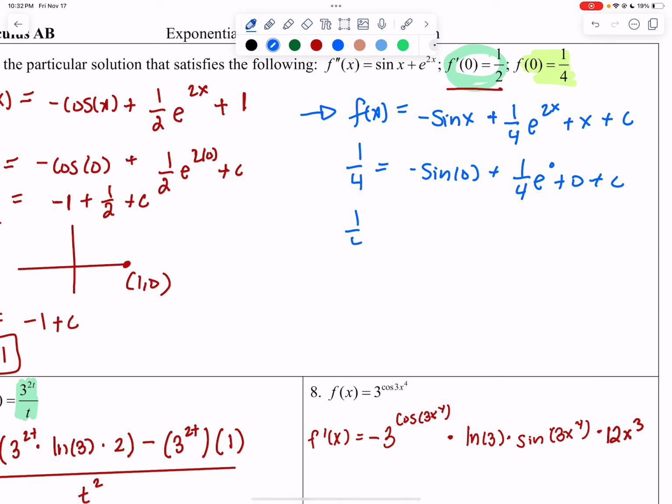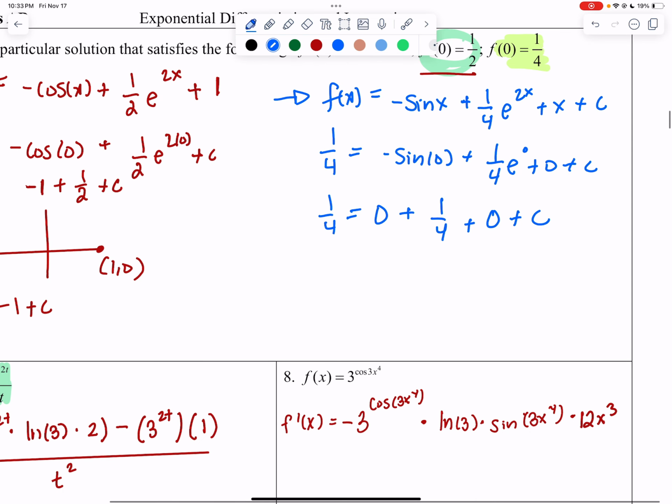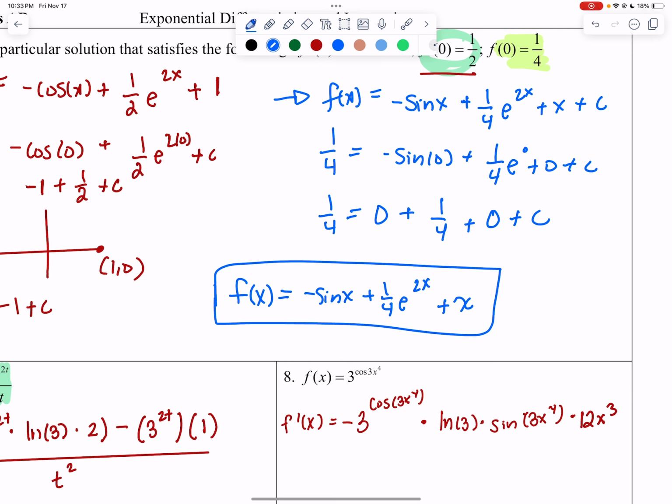So you have 1/4 is equal to 0 plus 1/4 plus 0 plus c, which means, plot twist, c is going to be 0. So if c is going to be 0, then your final answer is going to be f of x is equal to negative sine of x plus 1/4 e to the 2x plus x.